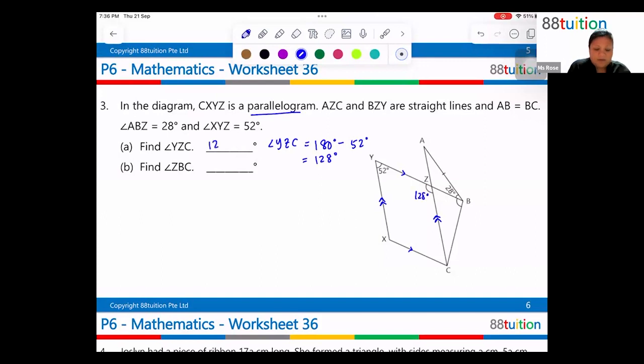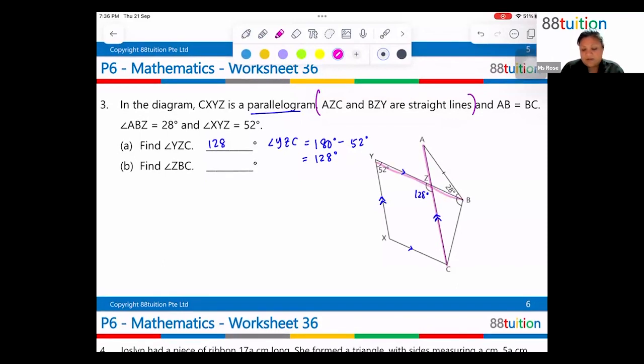Okay. So with this information now, they tell us that these lines are straight lines. So this is a straight line. And BZ, okay, so this is a straight line. Now, then you ask, why do they want to tell us that these two lines are straight?